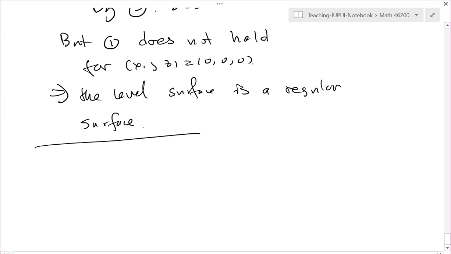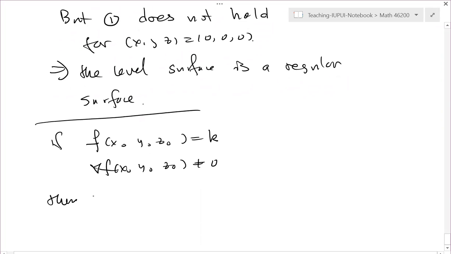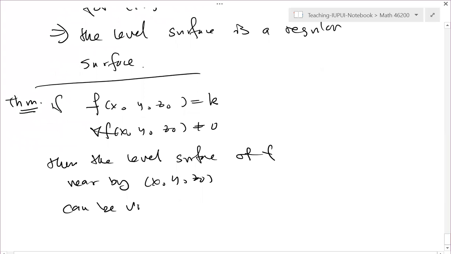So let me state what we have here. If f(x0) equals k, and the gradient of f is not 0, then the level surface of f nearby that point can be viewed as a graph of some function.